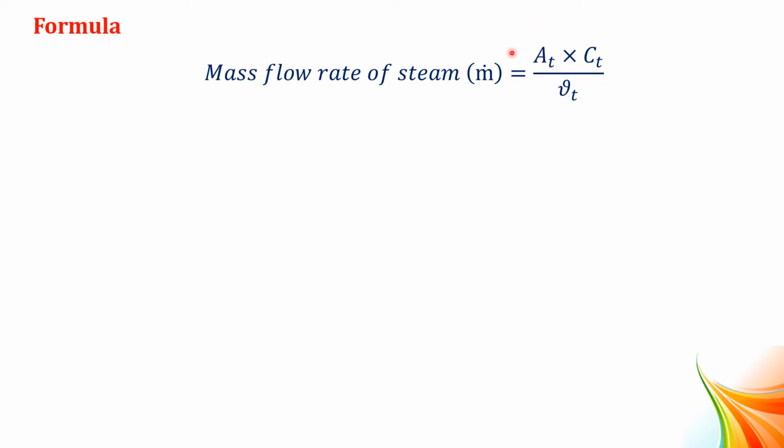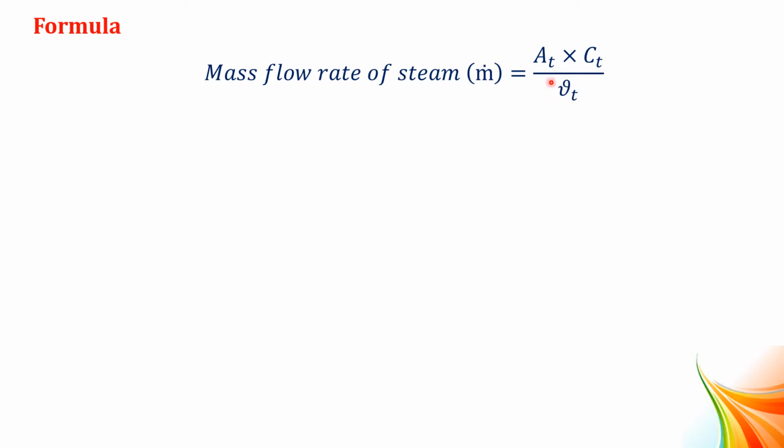Here At is the cross-sectional area of the throat, Ct is the velocity of steam at throat, and Vt is the specific volume of steam at throat in meter cube per kg.